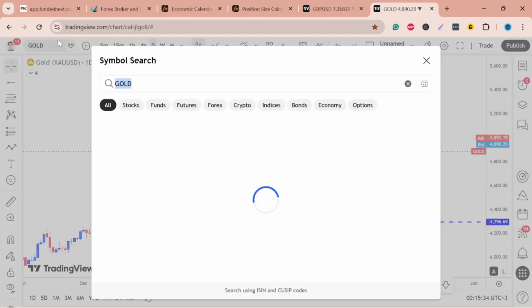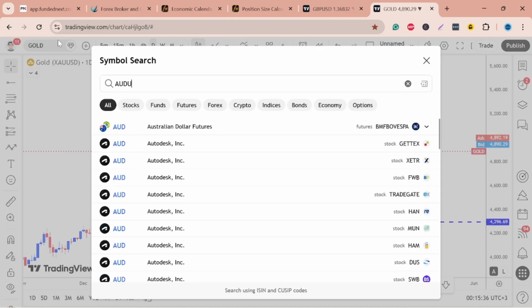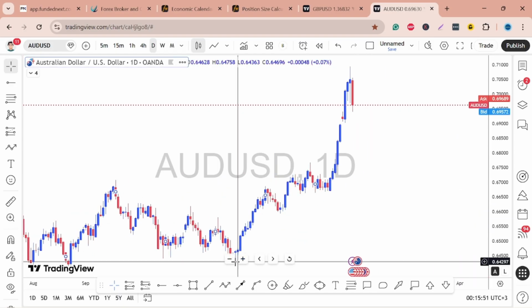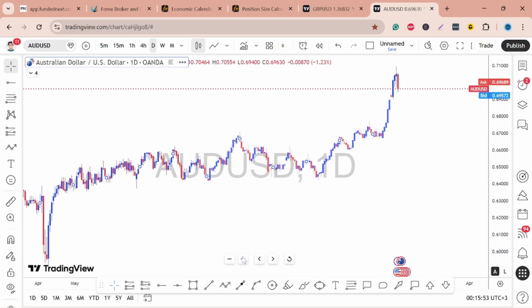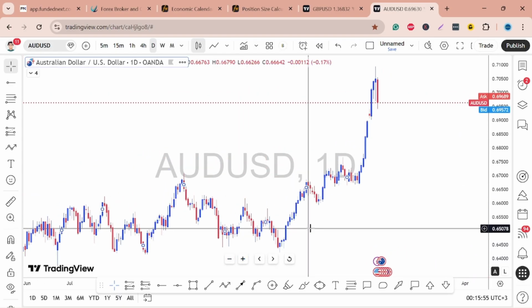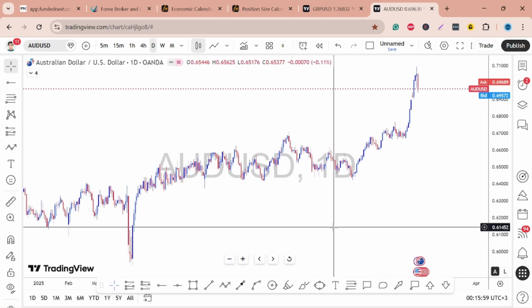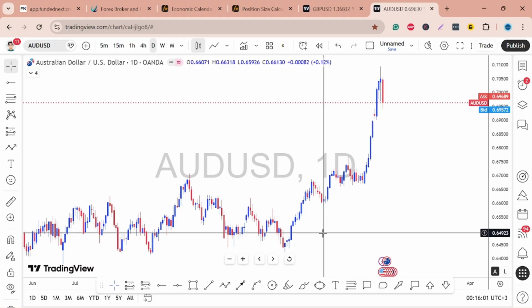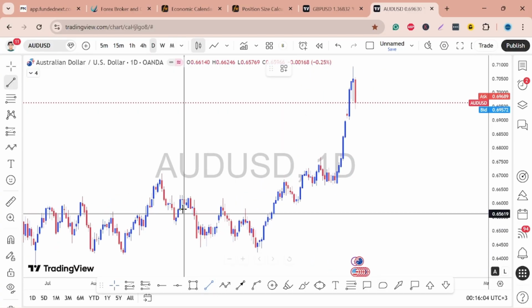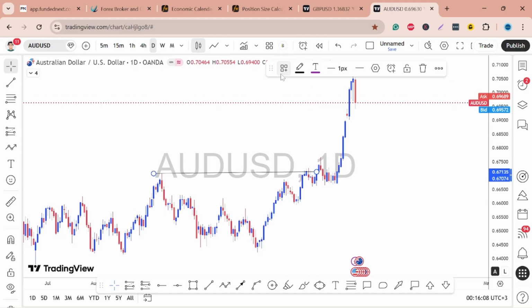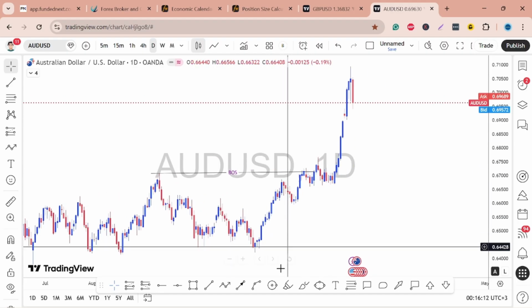Now let's look at the AUD USD. AUD USD has been bullish as well, since of course the dollar index has been bearish. If you can see here, we had the break of structure on the daily time frame.